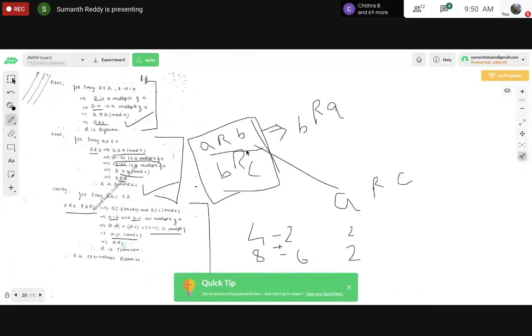So this can be written as A is related to C. So initially I have started with A related to B and B related to C. And in the conclusion, I have got A related to C. Correct, right? And this is the transitive property. And whatever the operation, the congruent modulo operation that we are checking, it is reflexive, symmetric, and also transitive. Obviously, hence we can conclude that it is an equivalence relation. Correct, right?